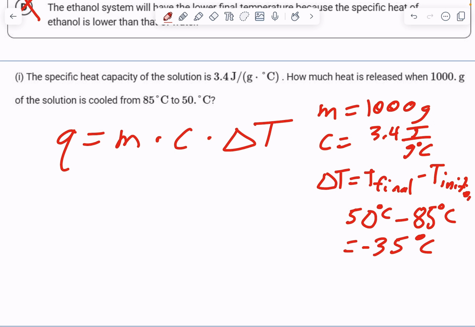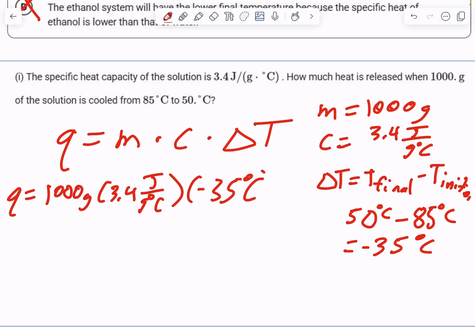Then we just plug in those numbers. So Q equals 1,000 grams times 3.4 joules per gram degree Celsius times negative 35 degrees Celsius.